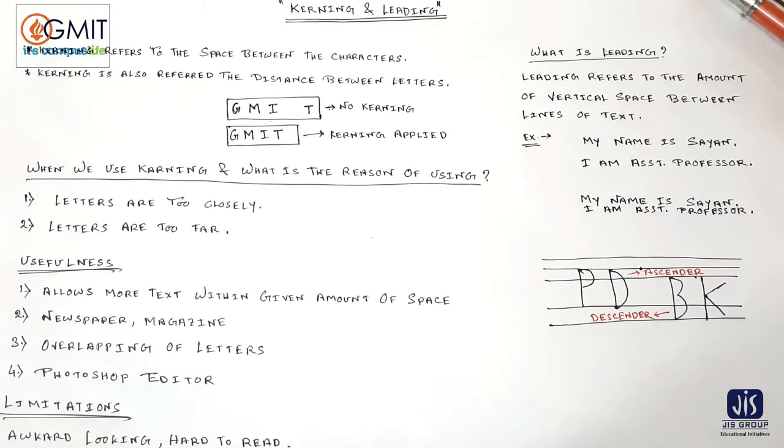Otherwise, when the letters are too far from one another, so that we can't read the word correctly, then we can use kerning. Clear? So these are the two situations when we use kerning. This is the reason for using kerning.